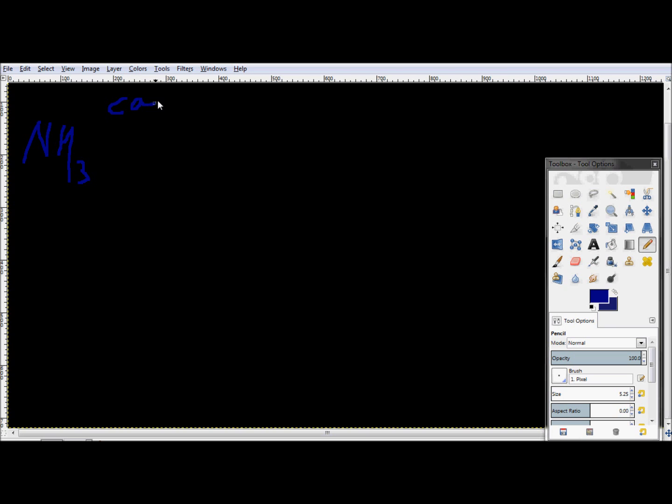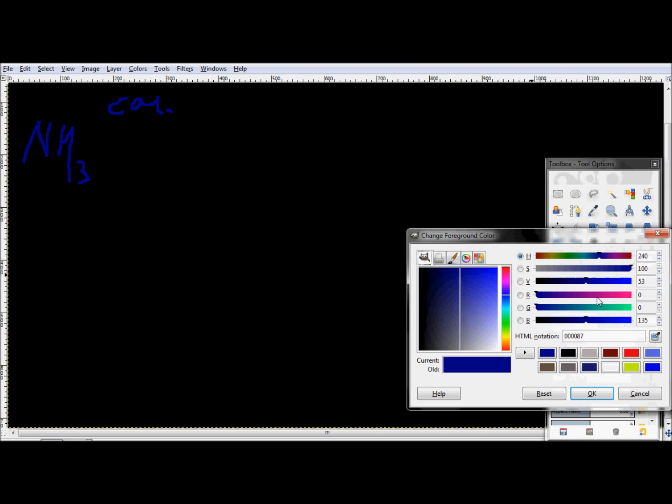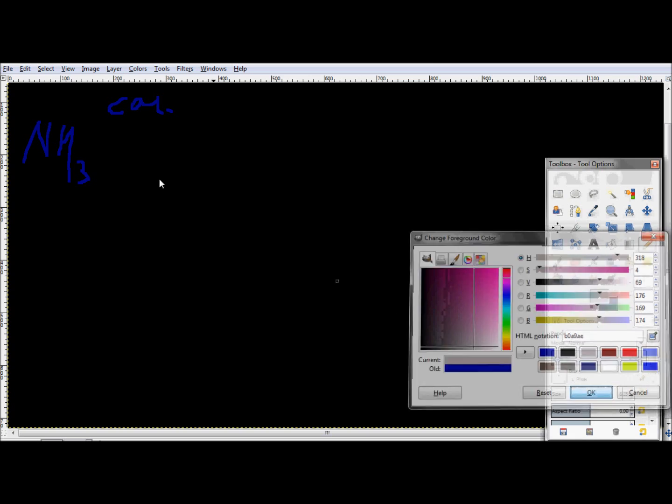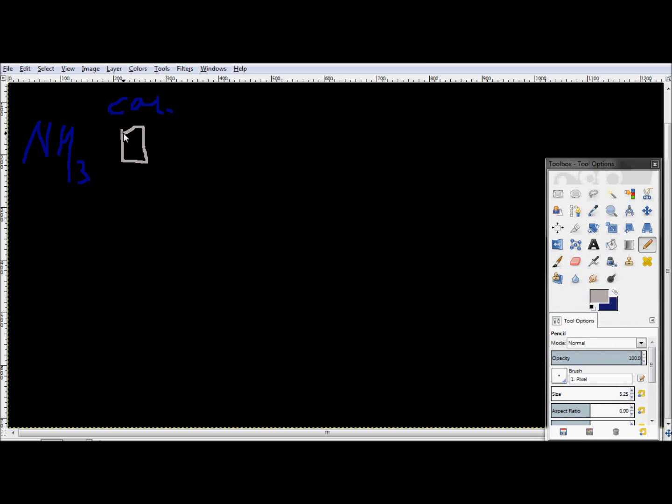Color, not surprisingly, it's colorless. Odor, it has a pungent and irritating odor, just like NO2 that we just read. Pungent, just writing pun, and irritating, ir.